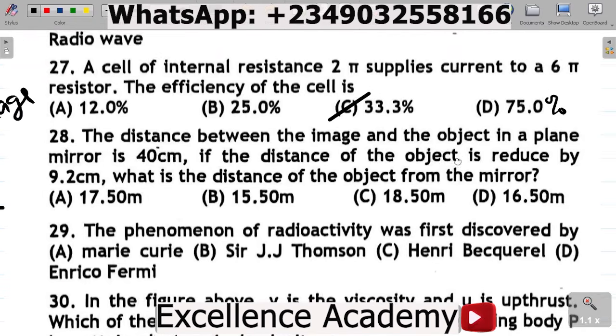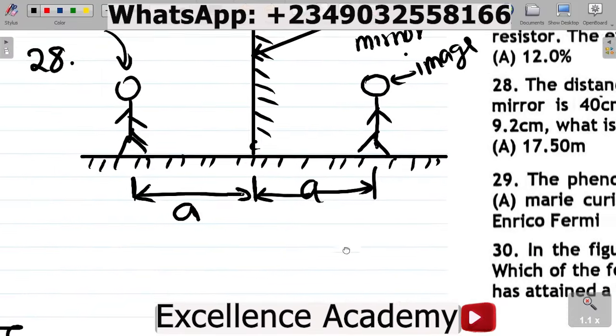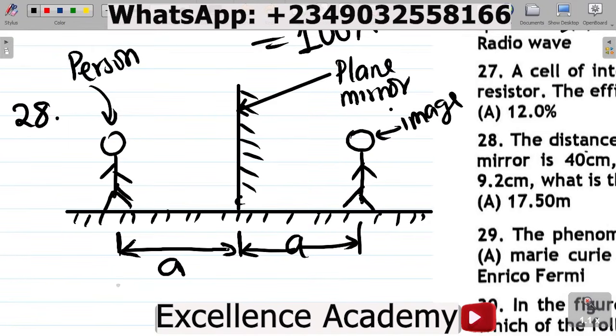in a plane mirror is 40 cm. So where is the image? Here's my image here. Where's the object? The object is the person. That means from here to here, right? It's about 40 cm.